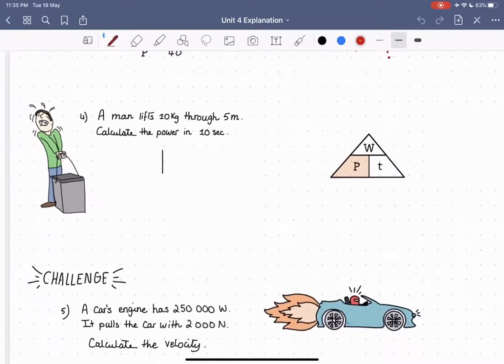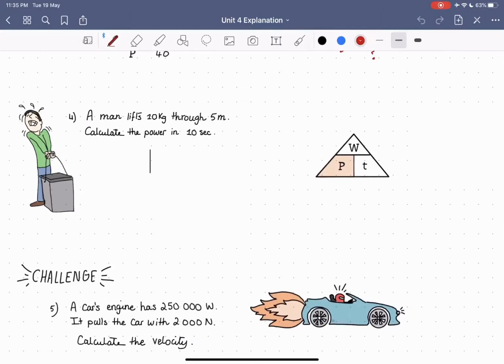Now for a more challenging question, we have a man that lifts 10 kilograms through 5 meters. We want to calculate the power in 10 seconds. So first thing, you can see here how we have the mass and we have the distance.